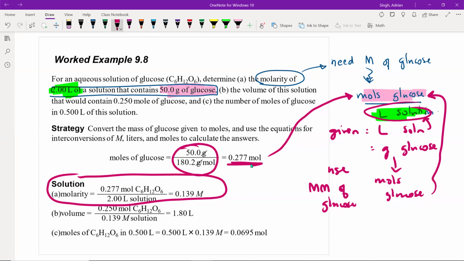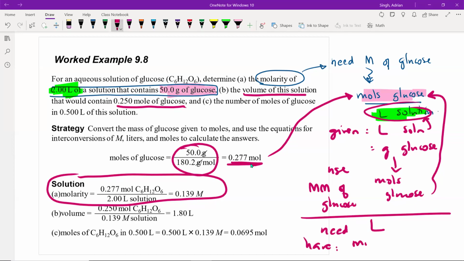In other cases, we need to determine the volume of the solution that would contain 0.250 moles of glucose. Now for part B, we need volume in liters. What we just calculated is the molarity, moles per liter, and we're told what volume will contain 0.250 moles.